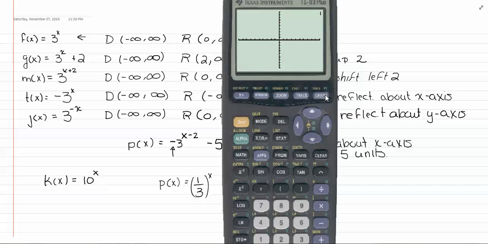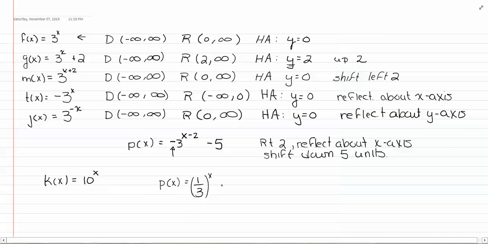All right. So this one comes in, increasing, going up, and the 1/3 to the x actually got flipped around the x-axis. The reason for that is laws of exponents. This is really 3 to the negative 1 to the x, which is 3 to the negative 1 is 1/3. This becomes 3 to the negative x, and we said 3 to the negative x is a reflection about the y-axis. So the fraction is going to flip it around the y-axis.